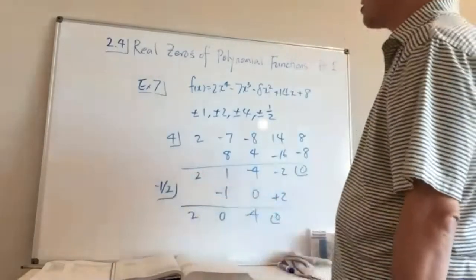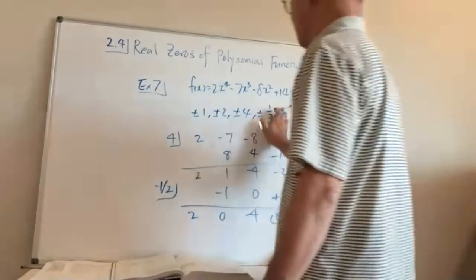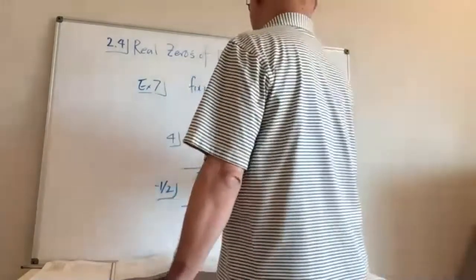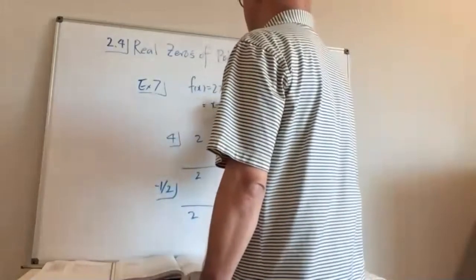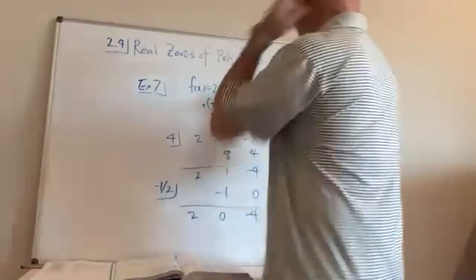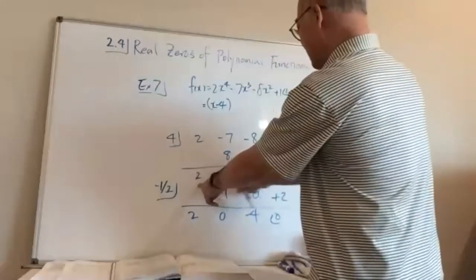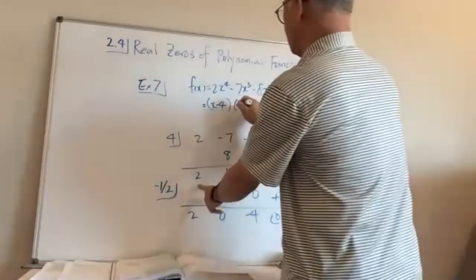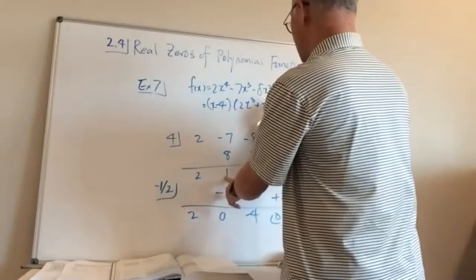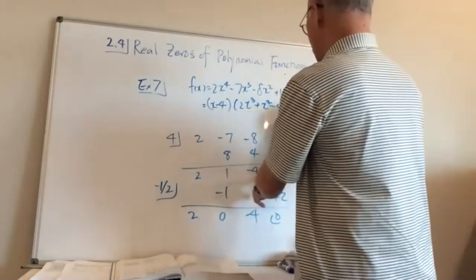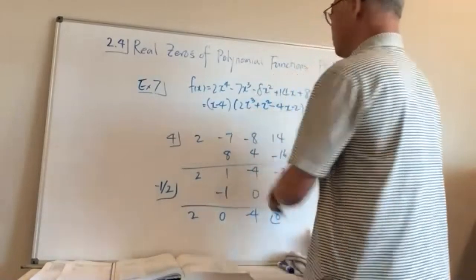Okay, so what do I have here so far? I know that's divisible by this. So this guy here is x minus 4. If I divide it by that, I'm going to have this guy left over, correct? 2x cubed plus x squared minus 4x minus 2, right?